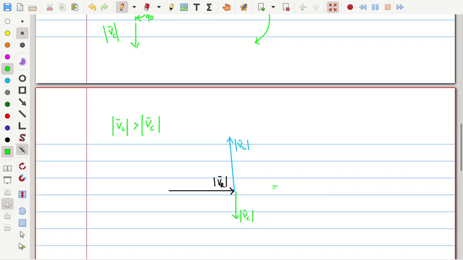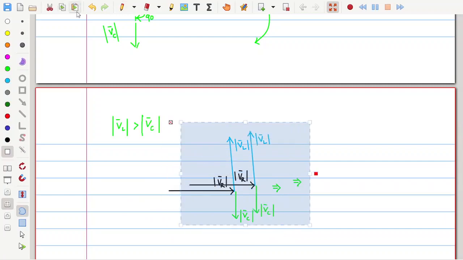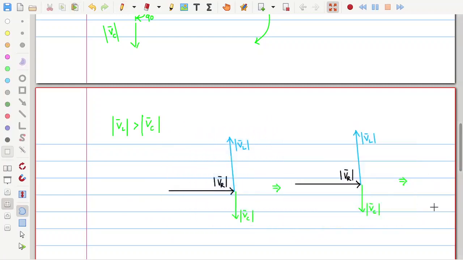Now as a result, when I add up VL and VC, let me take one more step beside this. If I add up this VC which is negative to this VL, then the left out thing is the difference of these two.